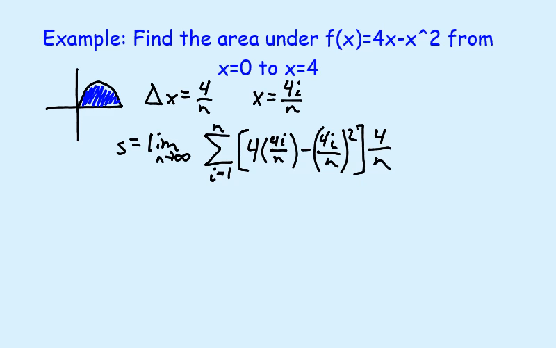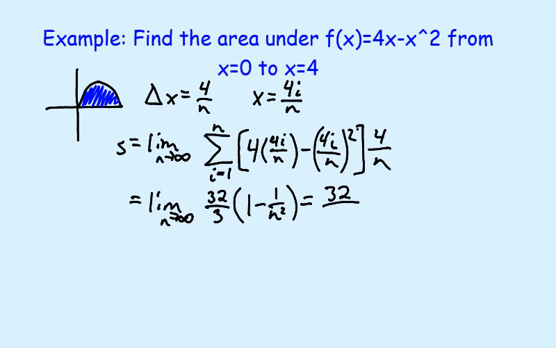And then after several lines of algebra, this one took me about 8 lines, I get the limit as n goes to infinity of 32 over 3 times 1 minus 1 over n squared. Now, as n goes to infinity, that second term goes to 0, and I'm left with 32 over 3 times 1, which is 32 over 3.